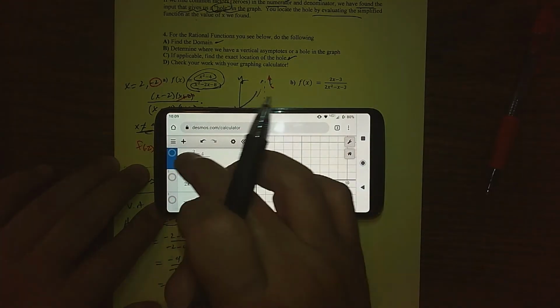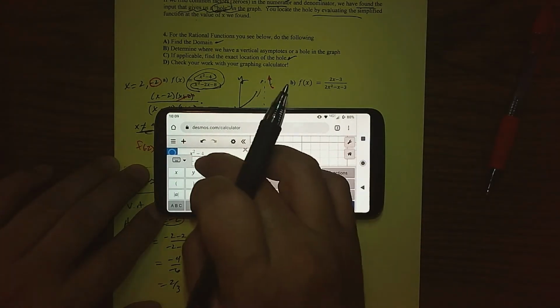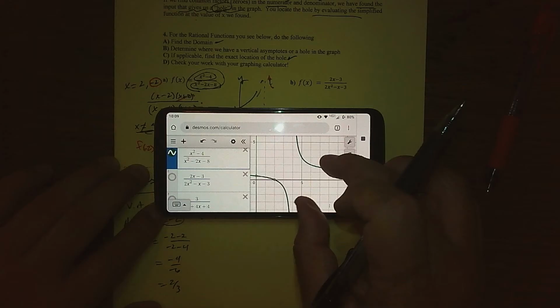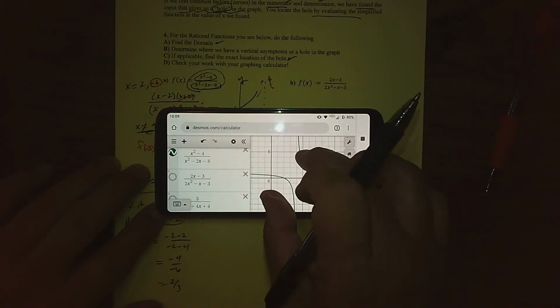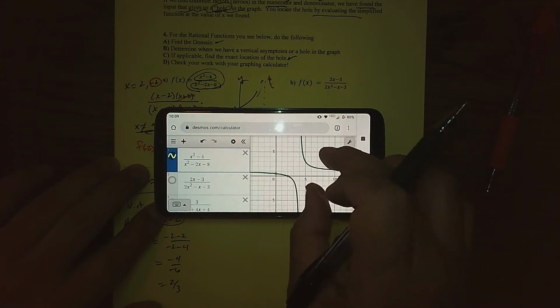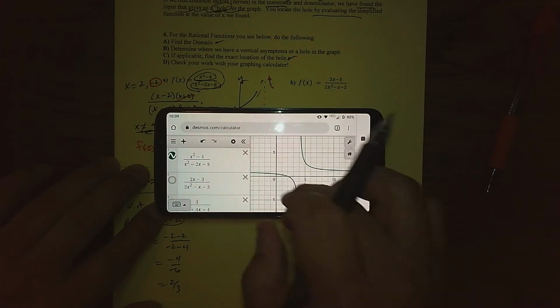So here's the function. Let me turn that on. What you're going to notice for this function is, you can kind of see I had the graph a little bit wrong, but we'll fill in those details a little later.